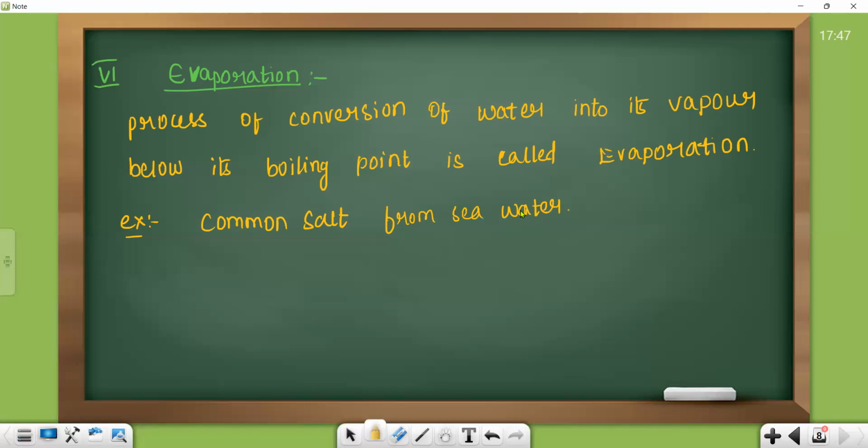How will we prove evaporation at home? We will mix salt in water in a beaker and boil it until all the water evaporates, and at last you can see the salt which remains in the beaker.